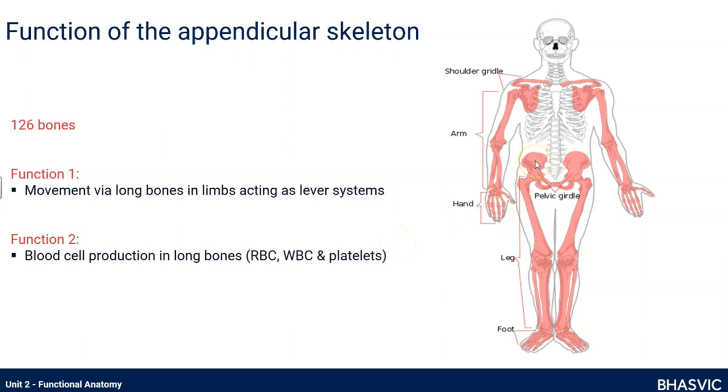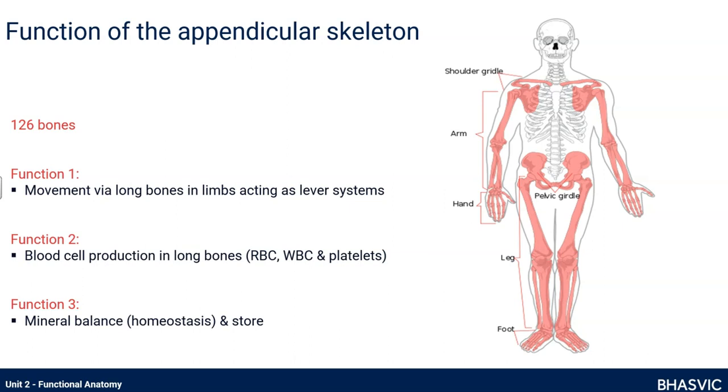Again, you might also understand that especially our long bones, some of our flat bones are really important for blood cell production. Red blood cells, white blood cells, and platelets. And also our bones store minerals for us. Calcium is probably the most important one, but other minerals are stored in our bones, phosphorus, magnesium.